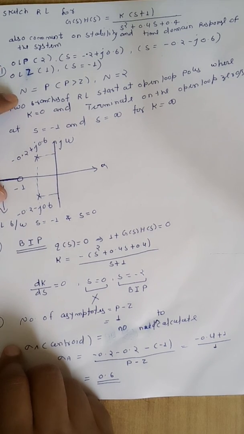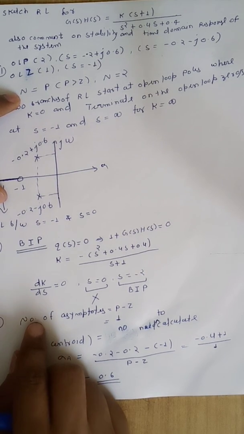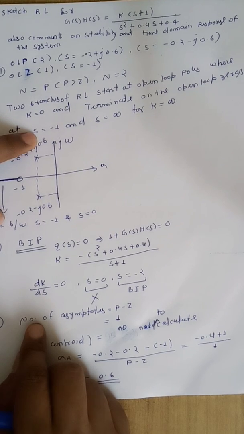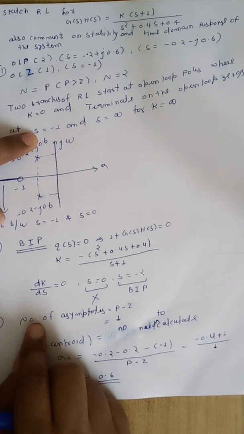So we have two root locus branches for the system. Two branches of root locus start at open loop poles for k equal to 0 and terminate on the open loop zeros at s equal to minus 1 and s equal to infinity for k equal to infinity, because we have only one open loop zero for the system.